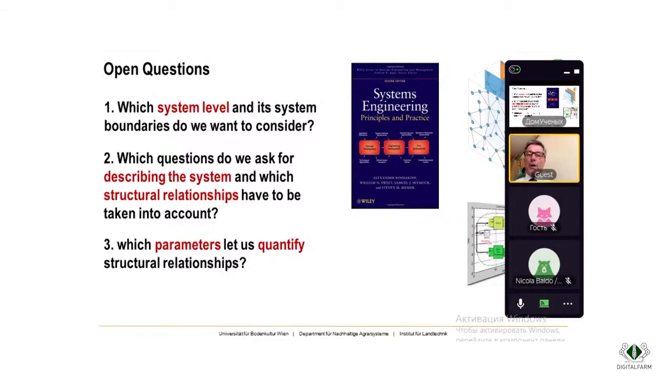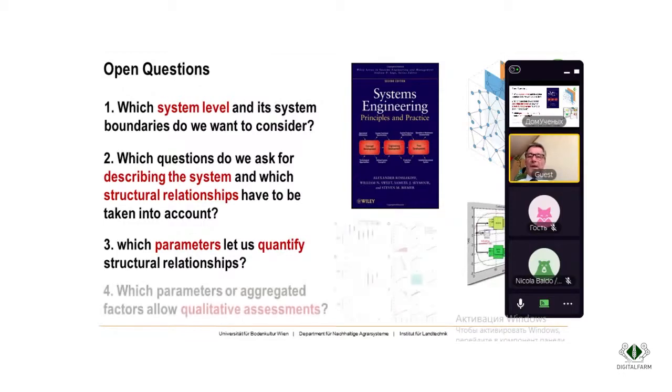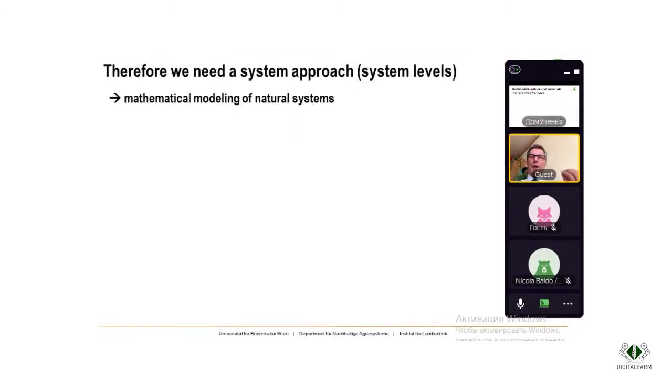And the third one, of course, which parameters we have to take into account, we have to measure, we have to be aware of, we have to quantify to understand how the systems really exist. And all together with this, the next question, to aggregate these parameters together, we get the next step to allow us to have a qualitative assessment of that.